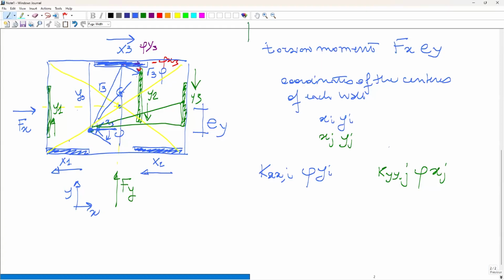Well, you see, this force here has a lever arm with respect to this. So its torsion contribution will be once more times yi. And this force here has a lever arm with respect to this. So it's one more like this. And you have a plus here.